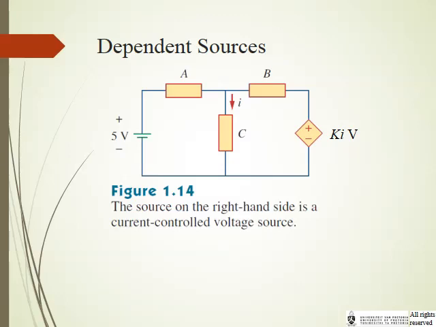But here's another circuit illustrating a dependent voltage source. Over here, we know it's a voltage source. Why? Because there's a plus and there's a minus. But what type of voltage source? We've got some constant K and then I volts. In other words, some magnitude times a current will give me the volts. So this is a current controlled voltage source.